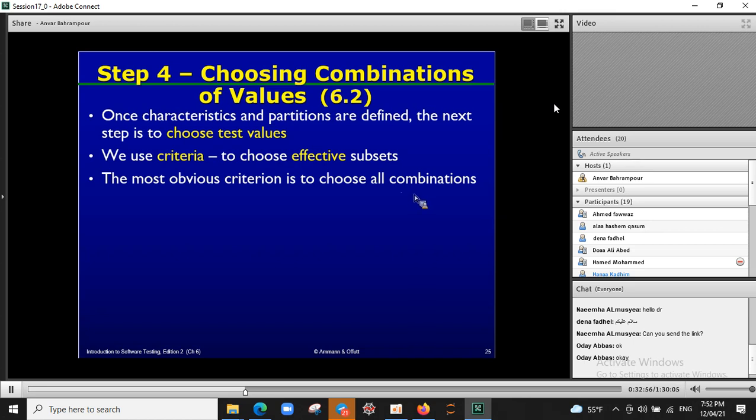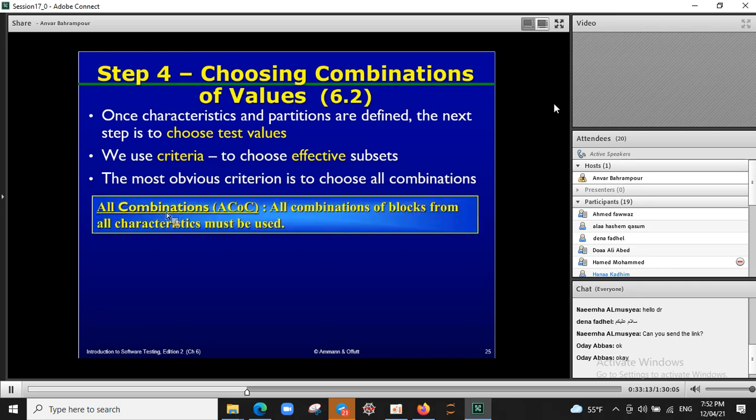The most obvious criterion is to choose all combinations, as you have seen in the previous slide, and we talk again about this in this slide. So the first criterion in input space partitioning is the all combination coverage criterion.